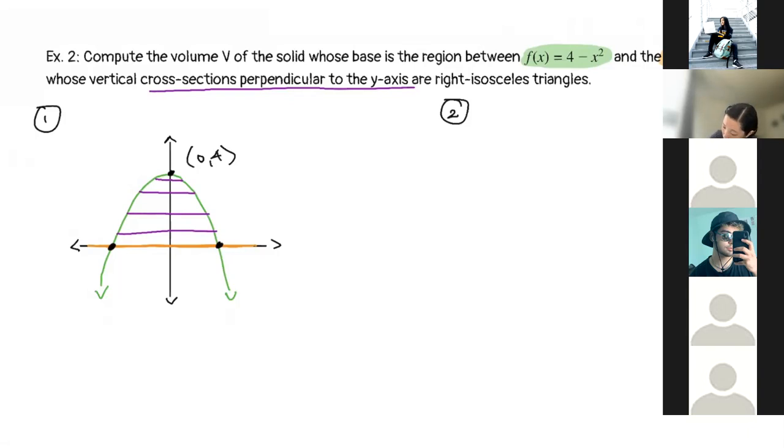There we go. 2, 0, and negative 2, 0. Perfect. So we've got these intersection points.